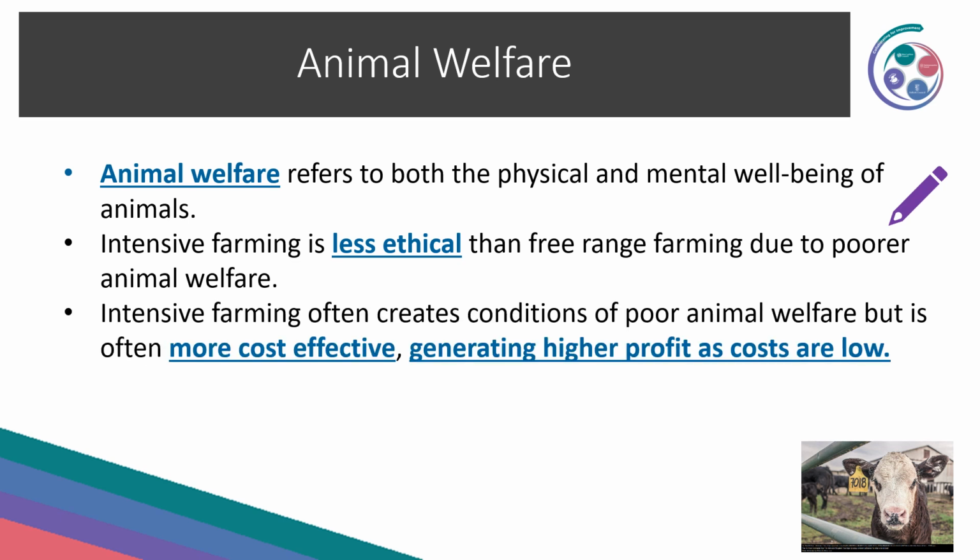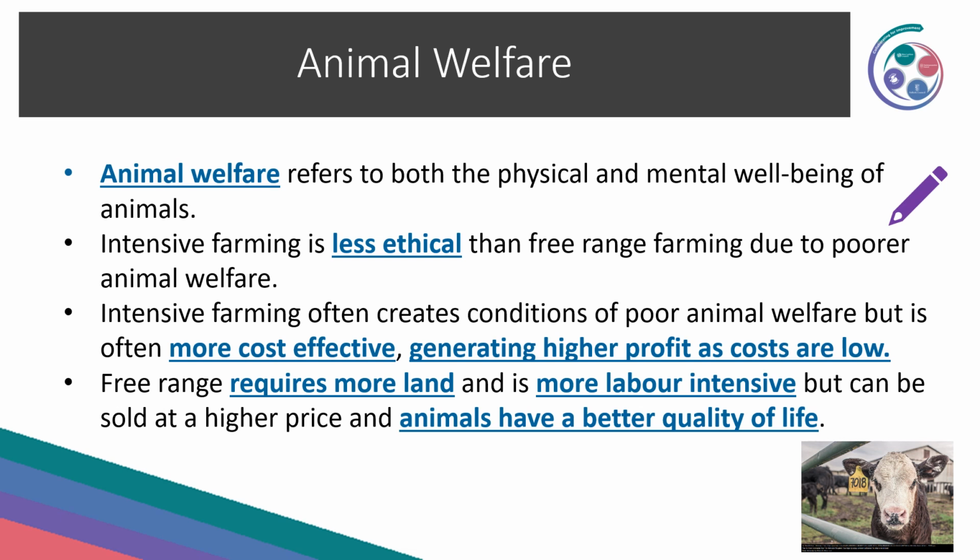Despite this poor animal welfare, intensive farming is often more cost-effective, generating higher profits as costs are low. On the other hand, free-range farming requires a lot more land and is more labour-intensive, but the products of free-range farming can be sold at a higher price and animals have a better quality of life.